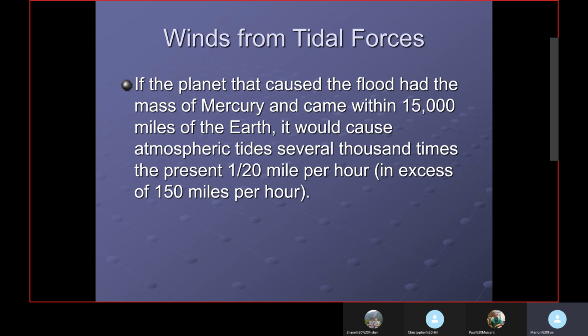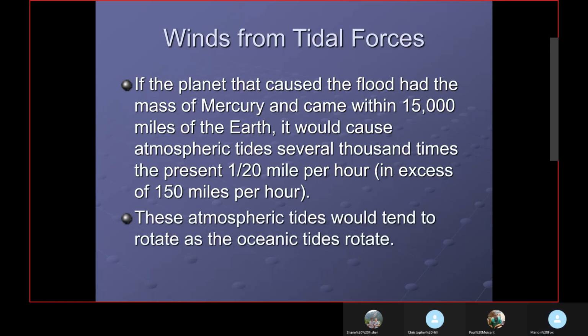If the planet that caused the flood had the mass of Mercury, which my hypothesis is that it was Mercury, and came within 15,000 miles of the Earth, it would cause atmospheric tides several thousand times the present 1/20th mile per hour, in excess of 150 miles per hour. So we'd have winds 150 miles per hour or greater during that action when it came that close to the Earth.